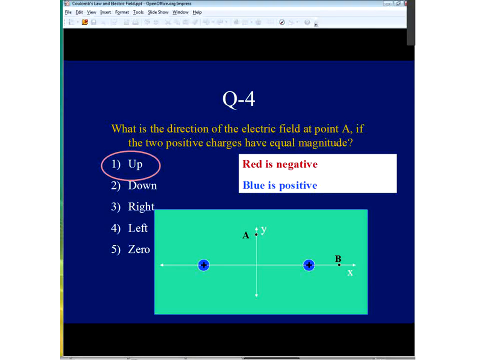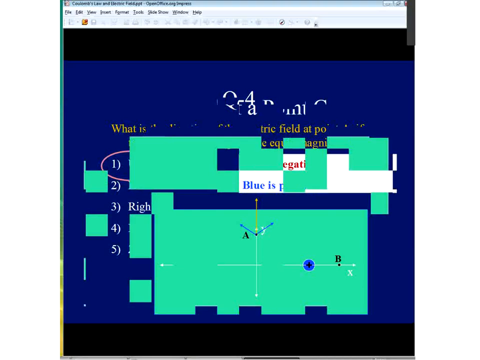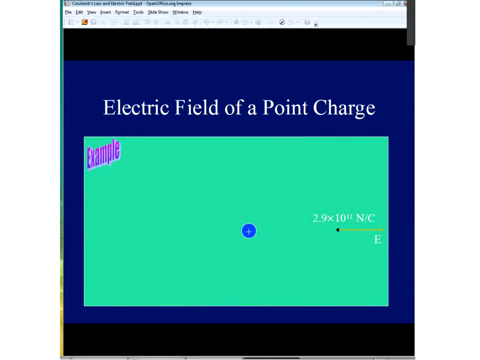So let's put a positive test charge at A. Repulsion due to the left fellow. Repulsion due to the right fellow. Vector sum by argument of symmetry will be up. And therefore the field will be up since we are placing a positive test charge. Done.